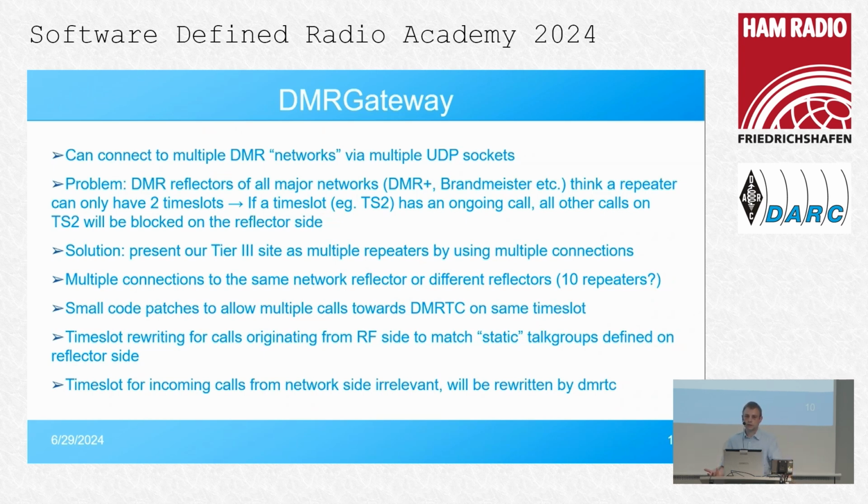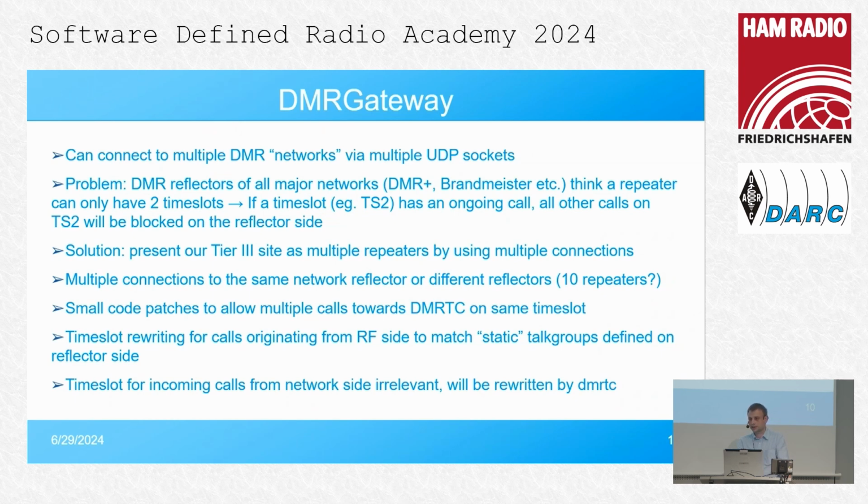For us, that is not good because we can support, like I said, 13 simultaneous voice calls at the same time. So as a solution, we use DMR gateway to connect and present our repeater to the DMR reflector as many repeaters. It's not exactly what's happening, but that's the way the network will see our repeater.